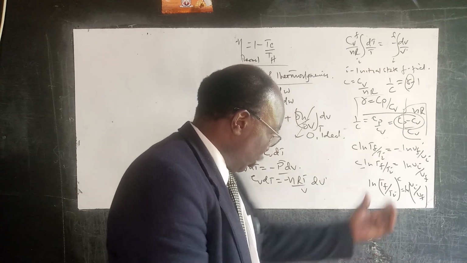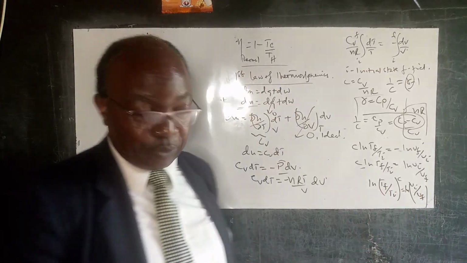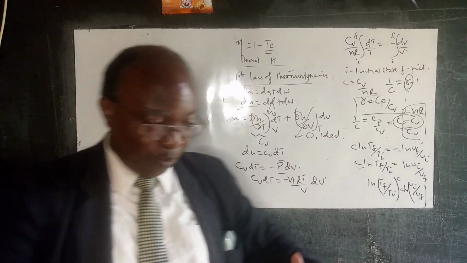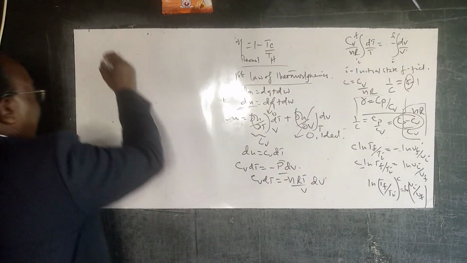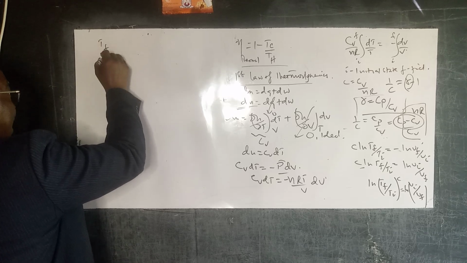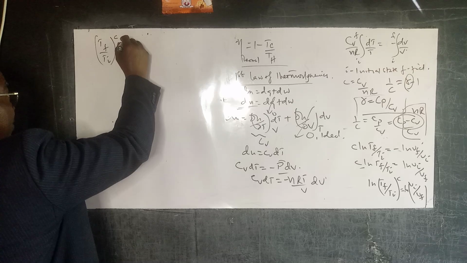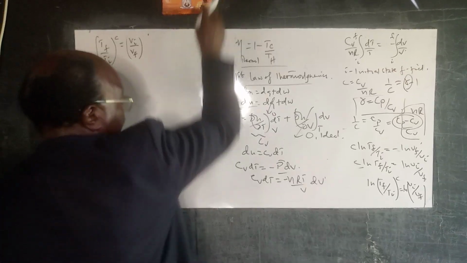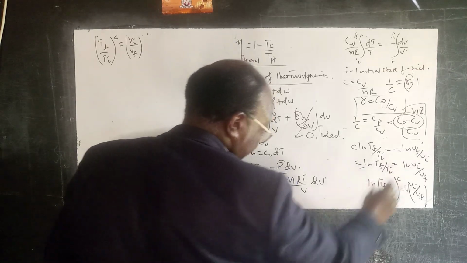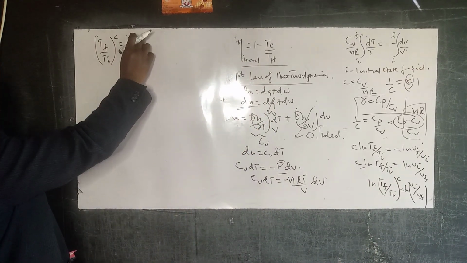That means that this quotient here is the same as that quotient there if that expression has to be true. Natural log of M is equal to natural log of N means that M is equal to N. So we can say that TF over TI raised to power C is equal to VI over VF. And to remove this exponent, remember VI over VF is raised to power 1.